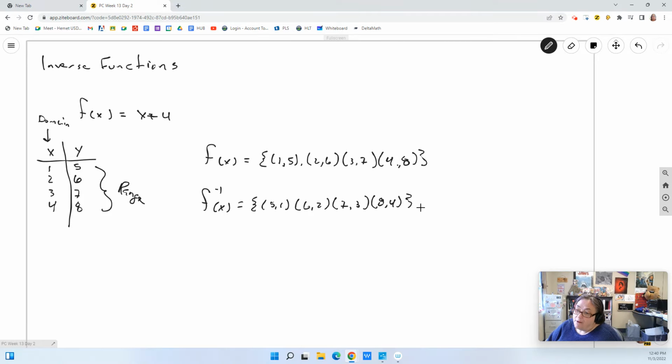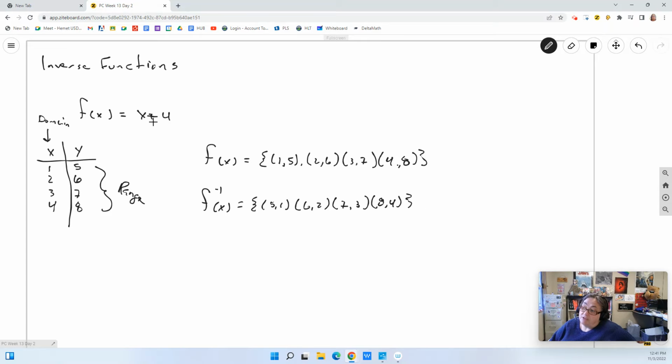How does that work mathematically? Technically, what we're doing is we're undoing. We're saying, well, what would undo everything that's being done to x? And you can kind of think about it. If I have x plus 4 and I want to get back to x, I just want to undo everything that's being done to x.